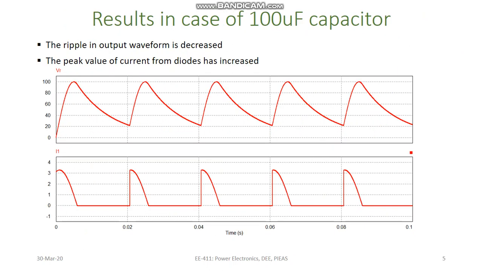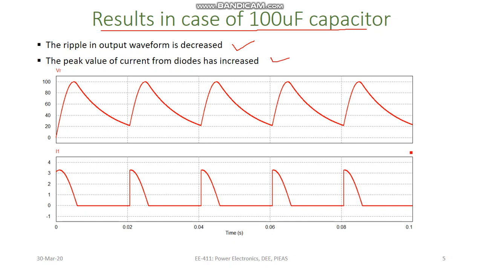Now the result in case of a 100 microfarad capacitor. When we have used some capacitive filtering at output, the ripple in the output waveform is decreased. The peak value of the current from the diode has increased.